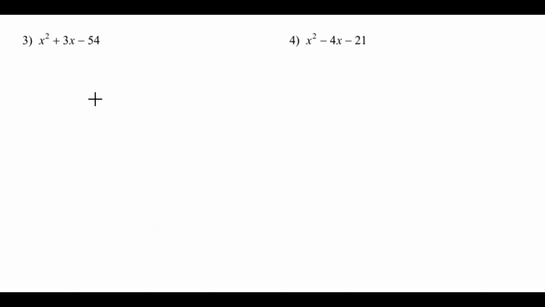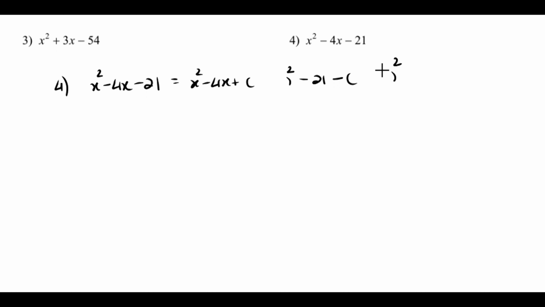Number 4, x squared minus 4x minus 21. The coefficient of x squared is 1, so we proceed by writing down the first two terms. Then we add a bracket squared, minus 21, and then we subtract that same bracket squared. Inside that bracket is half the coefficient of x, so half of minus 4 is minus 2. We put that into the brackets.